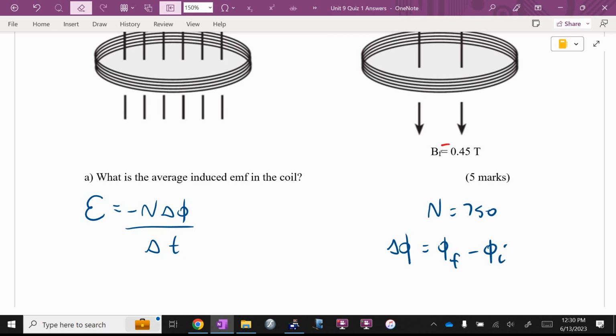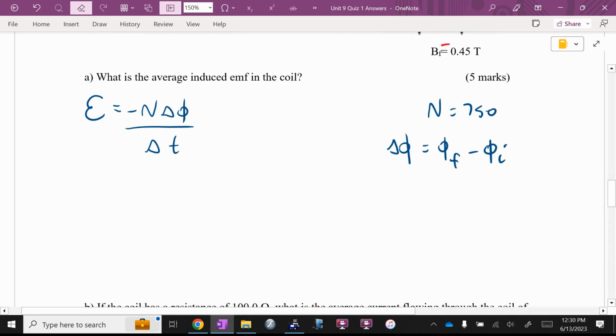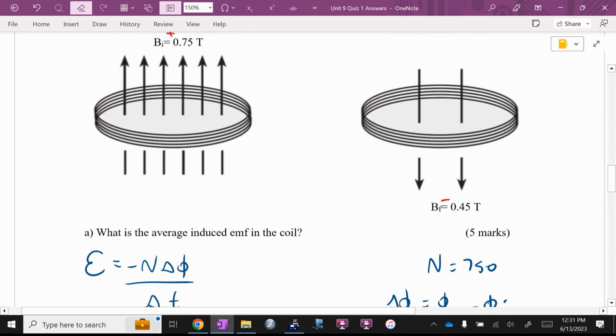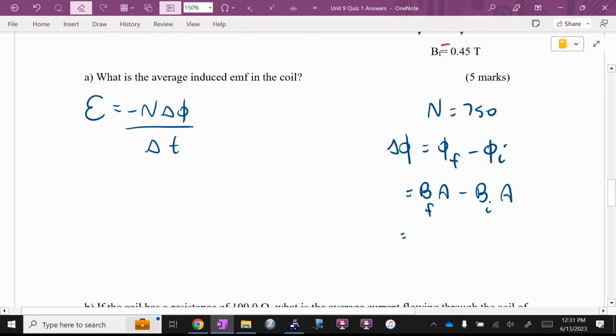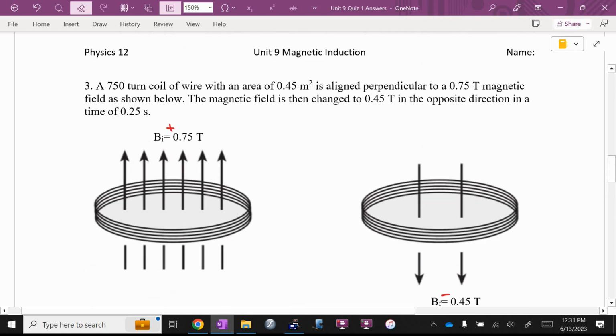Change in anything, Taya, is always final minus initial. It's going to be B final A minus B initial A. B final is negative 0.45. What's A? Oh, this is nice. They gave me the area. That's a bonus. They calculated it for me.